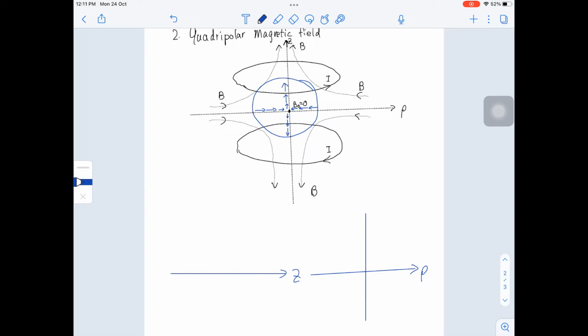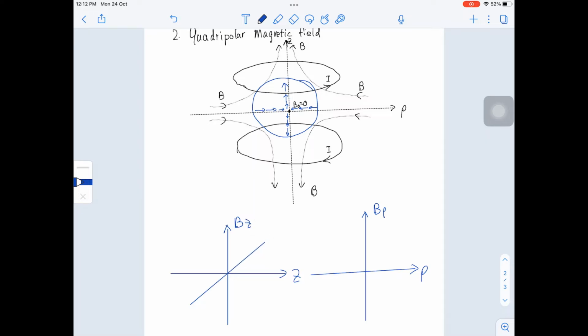This is B rho, B z, and we can see along the z axis, the B field is negative but big, then approaches 0, becomes 0, then grows again, and it is linear.